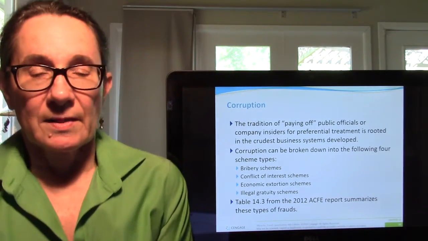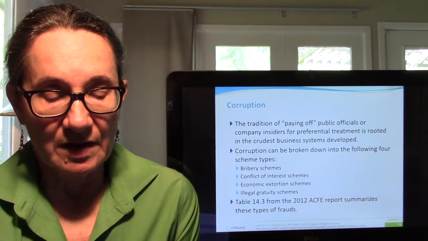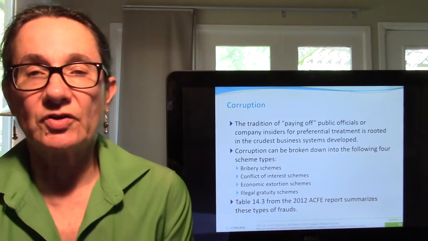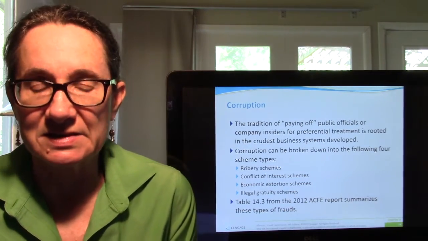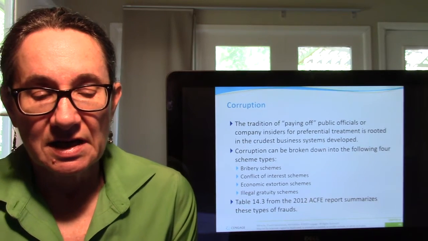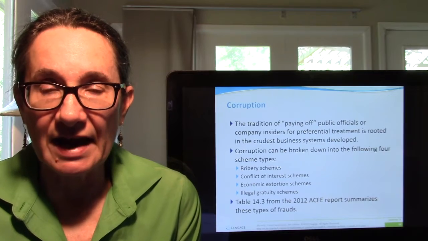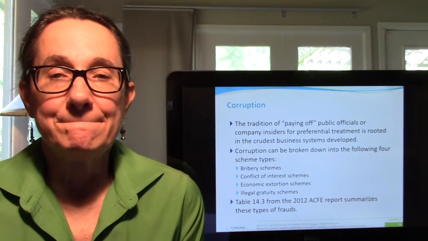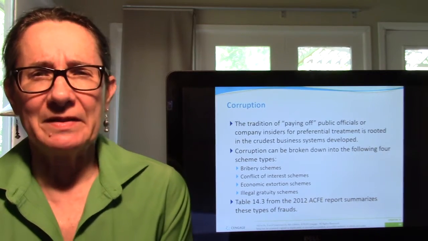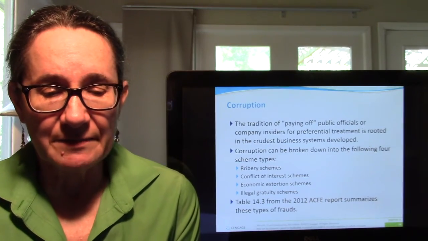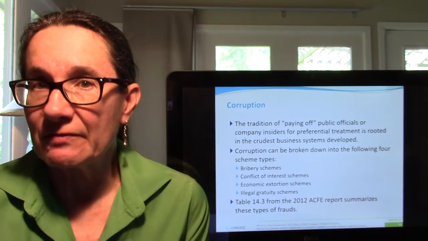So let's talk about a form of fraud against organizations called corruption. There are several different things. This is not so much stealing cash or assets, although it can involve a bit of that. Typically, it's more about granting preferential treatment.